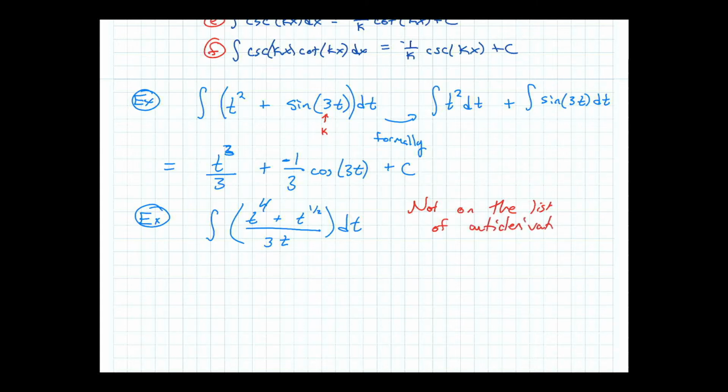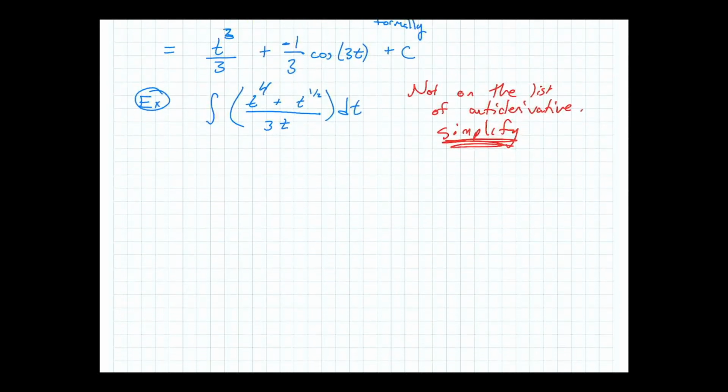That's a clue that you need to simplify. This would just be using normal rules for algebra that you're already supposed to know. So in this case, you would split this into 2 fractions, t to the 4th over 3t and t to the 1/2 over 3t.